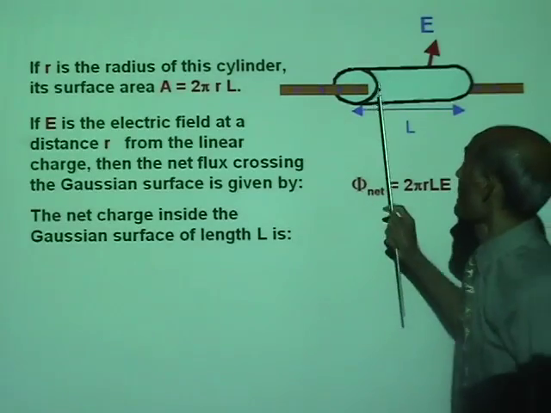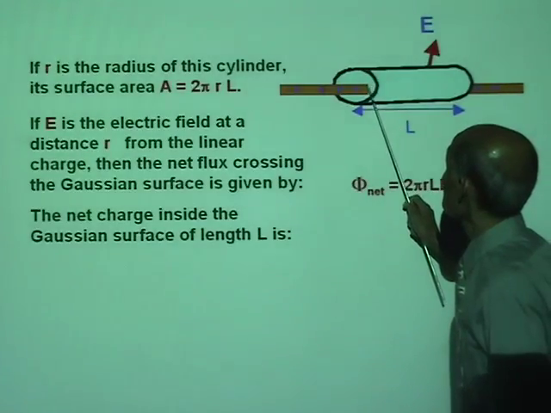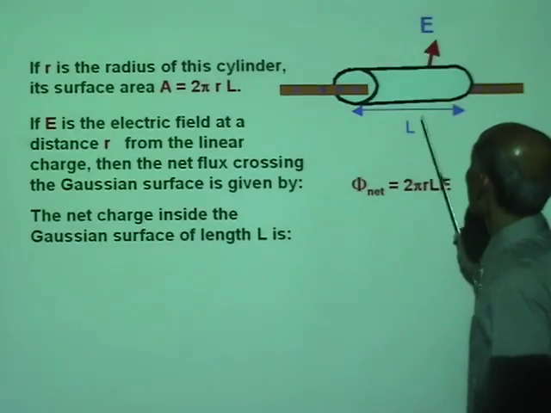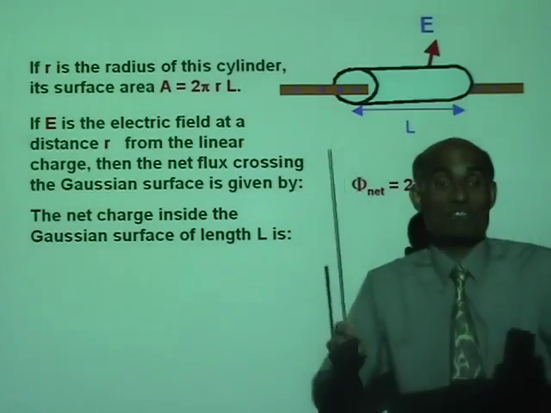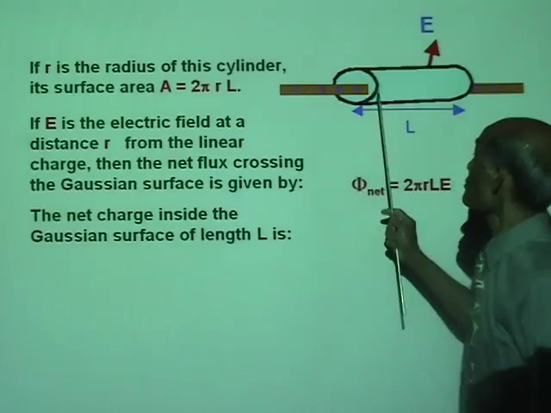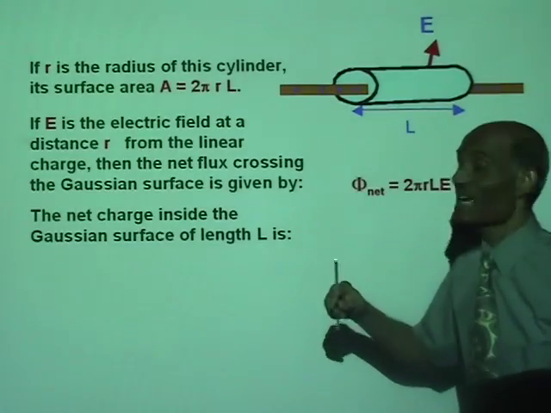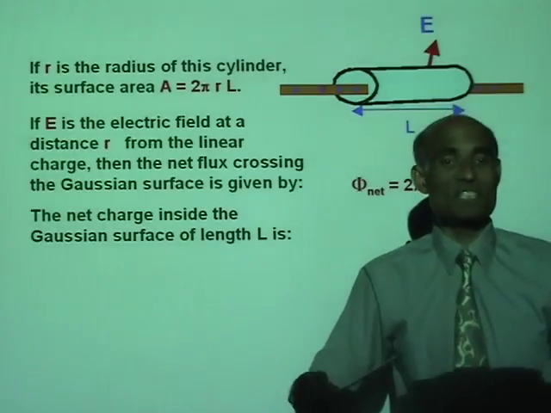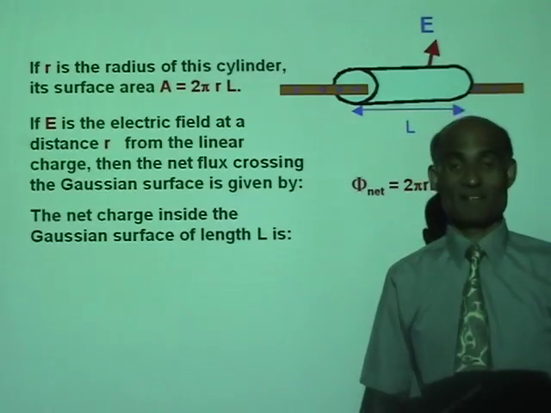Can you tell me? Now, inside the Gaussian surface, there is a length L of the linear charge. This linear charge has a linear charge density lambda. Alright?